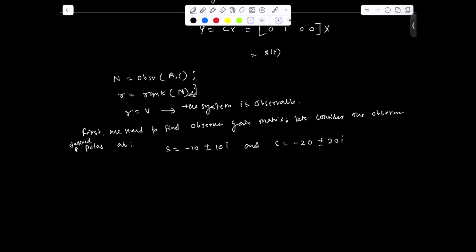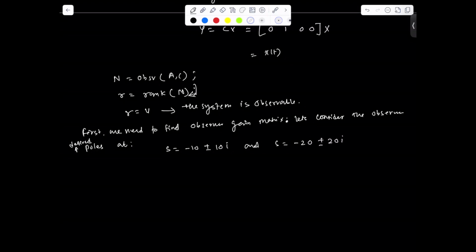If you remember, we considered in the previous lecture that the observer poles should be more negative compared to the regulator poles, right? If you notice, our regulator poles are much lower than these values in magnitude.